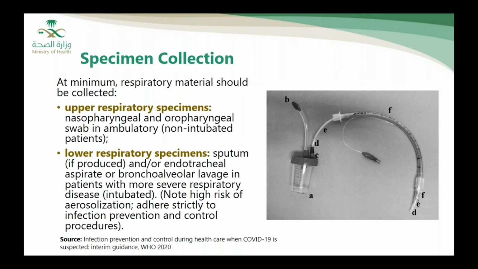For lower respiratory specimens, which is more dangerous, especially if the patient becomes critical, sputum, if produced, and or endotracheal aspirate or bronchoalveolar lavage in a patient with more severe respiratory disease, intubated. Not high risk of aerosolization, adhere strictly to infection prevention and control procedures.